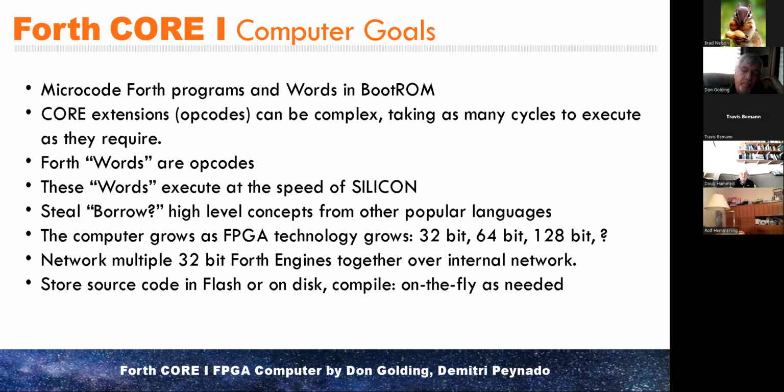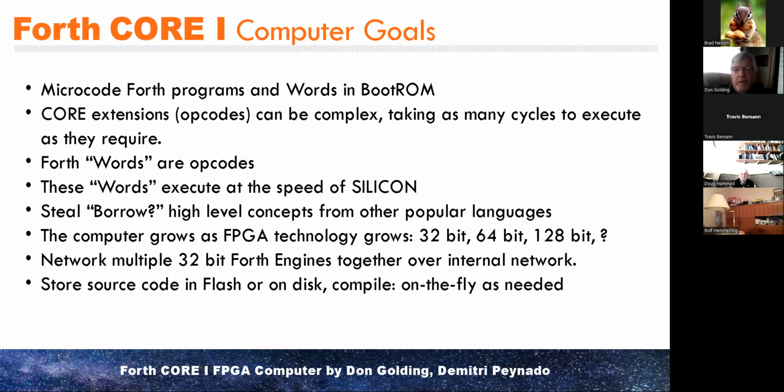So that's a big feature, I think, for people who want to emulate or virtualize a quantum computer kind of thing. We want to steal and borrow high-level concepts from other languages that we really like. You know, struct in C is a nice feature, and of course you can do that with CREATE DOES> in Forth.